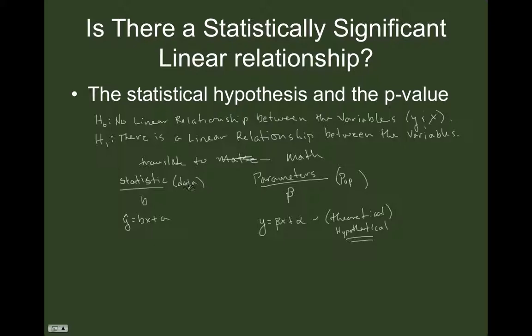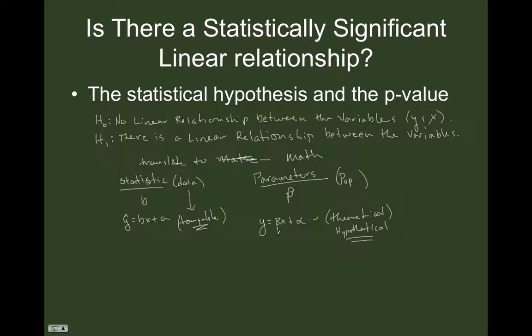But on the other side, we have data, and because we've actually physically sampled the data, we could think of this equation as tangible, in the sense that I can actually calculate b. I'm sorry, not beta, I can actually calculate b. Beta, we believe it exists, but unless I can sample every member of the population, I don't have any way of calculating beta. b, we can always calculate.